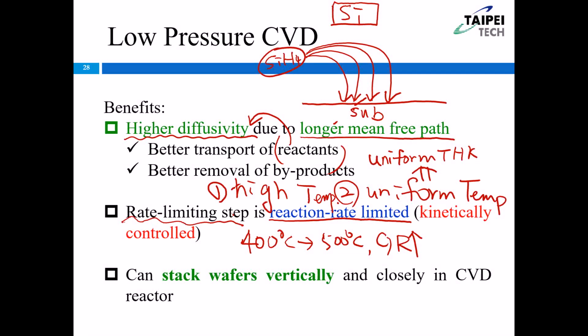We can stack wafers vertically and closely inside the chamber, because we already have so many precursors. Now we use a figure to show you what it means to stack wafers vertically.